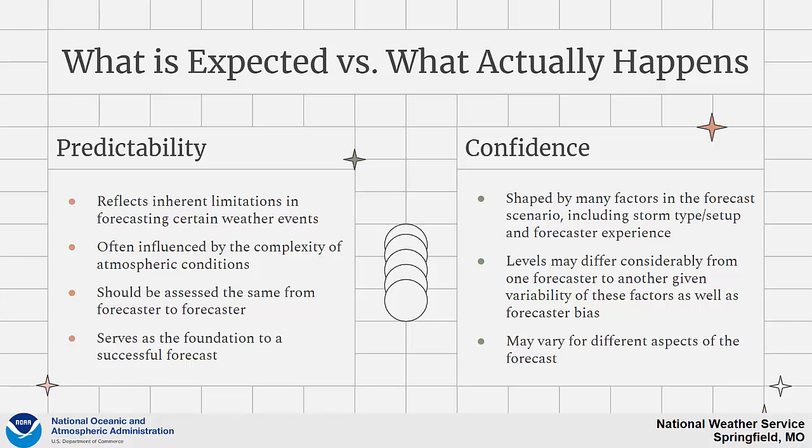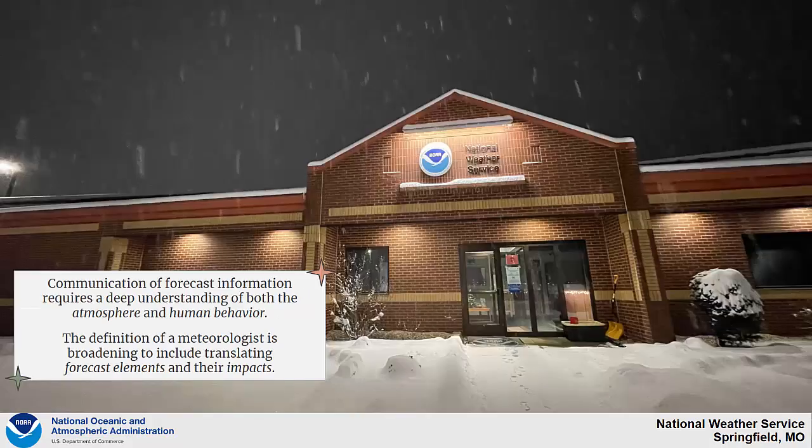So this is kind of an insight on why we release the graphics that we do, and at the time periods that we do. There is a method to the madness, and we do our best to keep you guys safe and give you a heads up as soon as we can. The communication of forecast information requires a deep understanding of both the atmosphere and human behavior. The definition of a meteorologist is broadening to include translating forecast elements and their impacts.